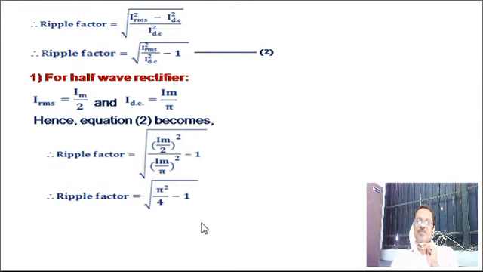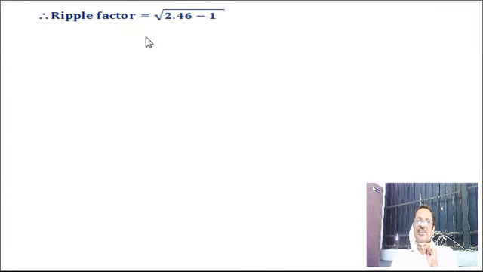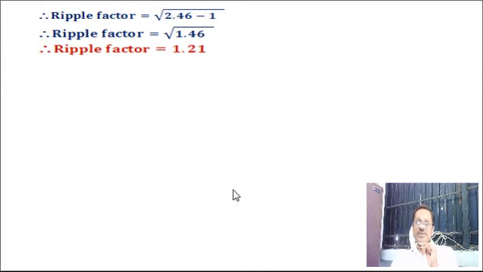If we substitute the value of pi, we get ripple factor equal to under root 9.86 by 4 minus 1. 9.86 by 4 is 2.46, so ripple factor is under root 2.46 minus 1, that is under root 1.46, and the root of 1.46 is 1.21. So the ripple factor for the half wave rectifier circuit is 1.21, meaning IAC by IDC is equal to 1.21.